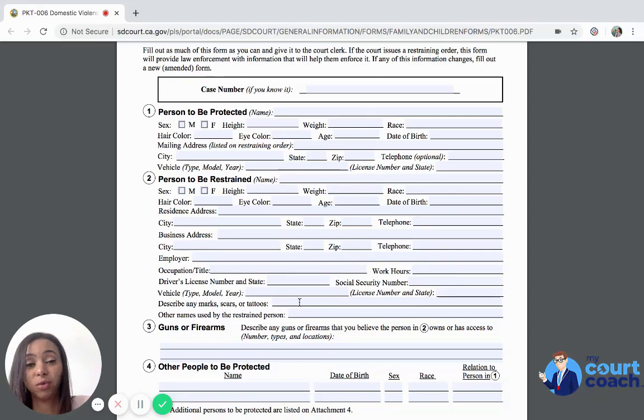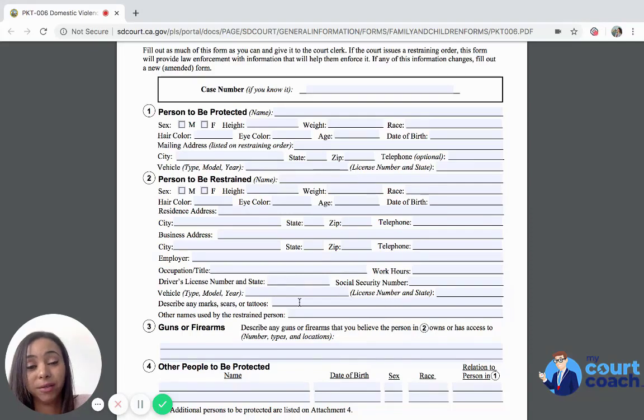So if this individual does have any identifying information, like Mandarin written on their shoulder, then you would want to write that in there, that they have something written in Mandarin on their left shoulder.